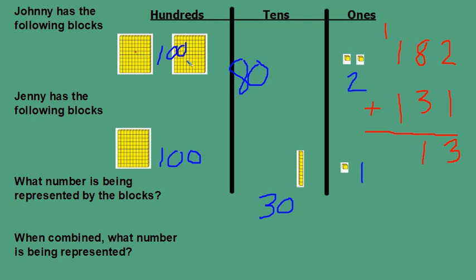Now I have 1, 2, 3 hundreds in the hundreds place. And that should give me 1 plus 1 is 2, 2 plus 1 is 3. That should give me 300 in the hundreds place. So when combined, what number is being represented? 313.